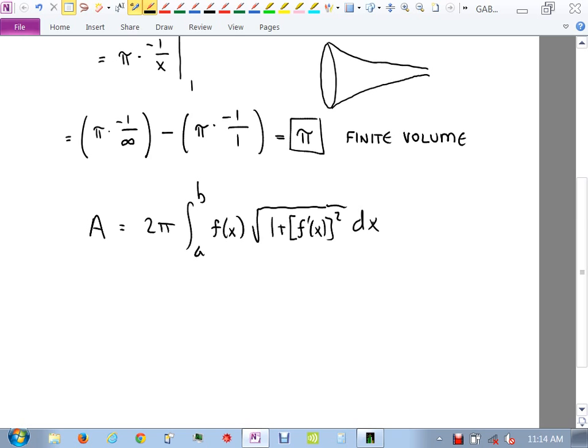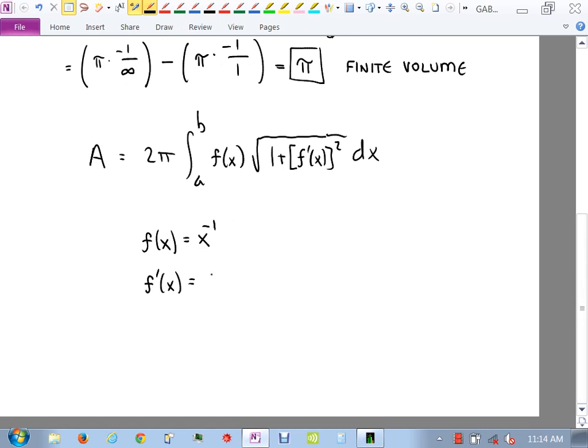So I'm going to need the derivative of the function. I may as well get that now. My function is 1 over x, which is x to the negative 1. The derivative of that is negative 1 over x squared. And if I square that, I get 1 over x to the 4th.